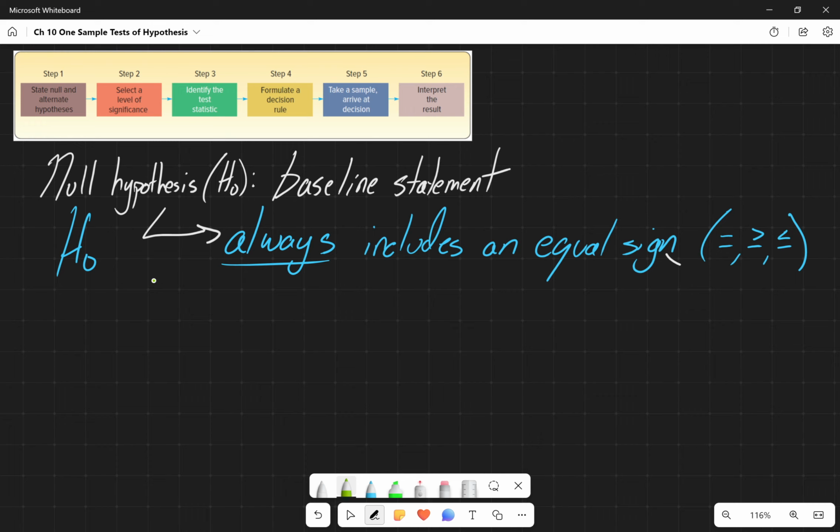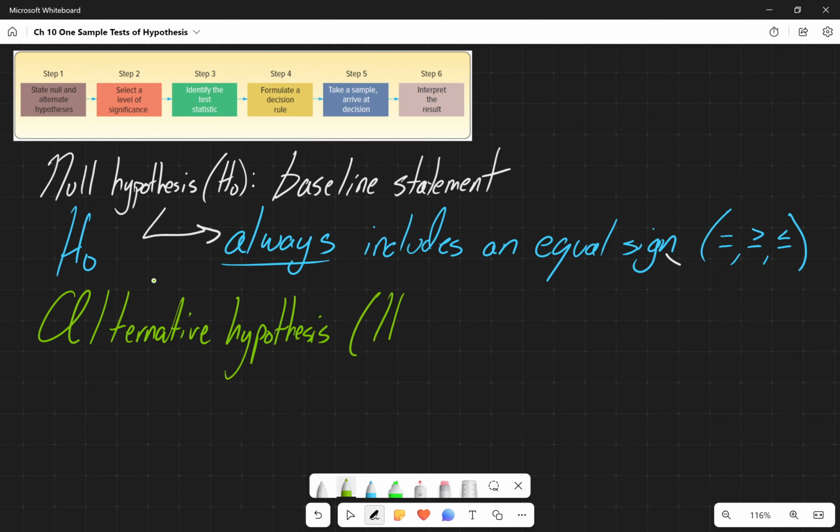Our alternative hypothesis. Null hypothesis, did it include not equal to as well, or? No, the alternative hypothesis is going to include the not equal to. Okay. So the alternative hypothesis, which we say as HA or H1, is going to be the alternative.